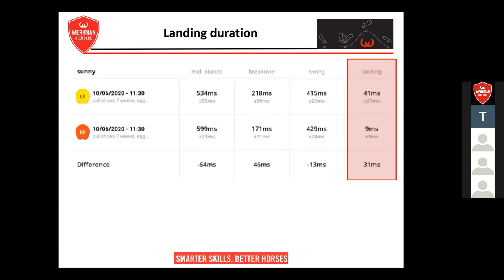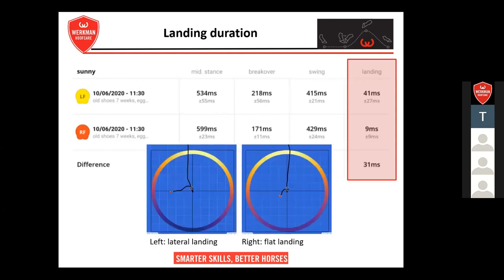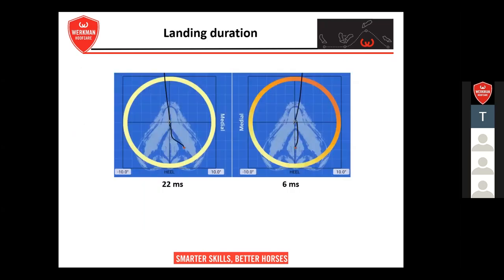If you have a look at how this horse is landing, you see that the hoof with the faster landing duration has a more or less flat initial contact, and the left foot with a longer landing duration has a lateral wall landing. So this is a case where you can see that the type of landing has a correlation with the duration of landing.